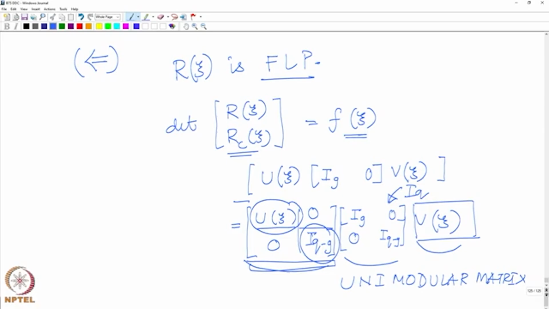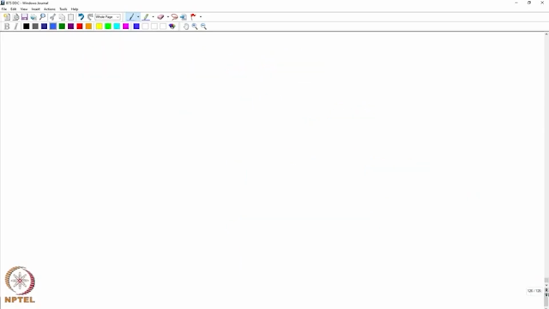So now what have we done? R xi is equal to U xi, I q 0, V xi. To this I do the following.